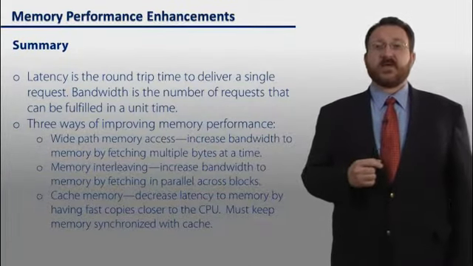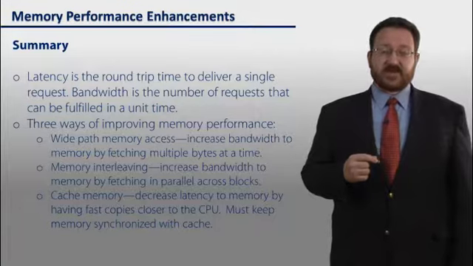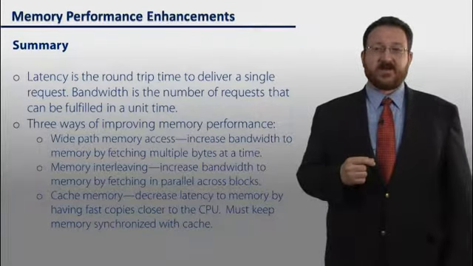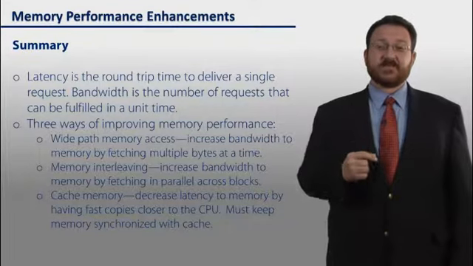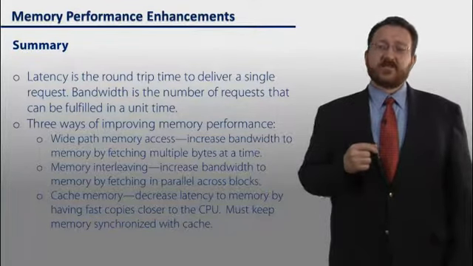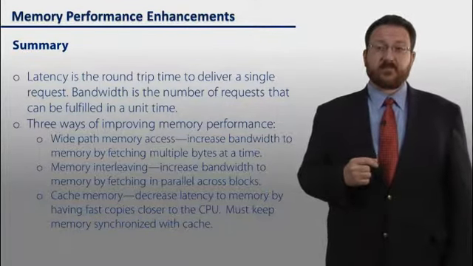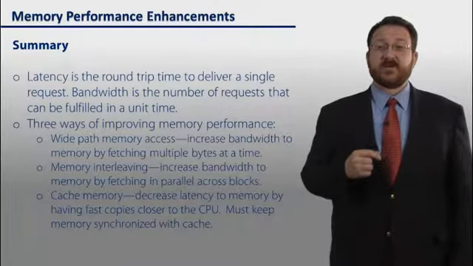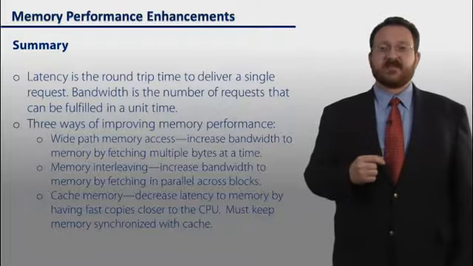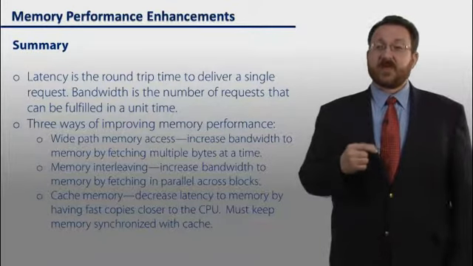So, in summary, latency is the round-trip time that's needed to deliver a single request. Bandwidth is the number of requests that can be fulfilled in a particular unit of time. There are three ways of improving memory performance. One is to have wide path memory access, which is to say we increase the bandwidth to memory by fetching multiple bytes at a time. How do we achieve that?